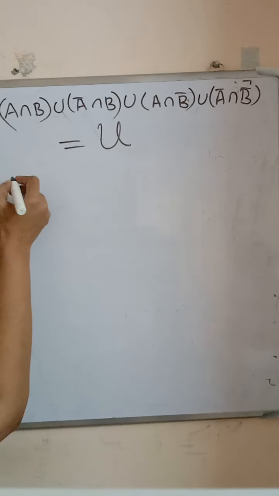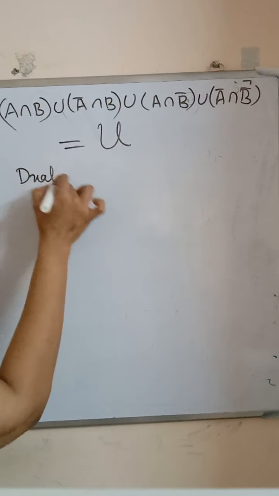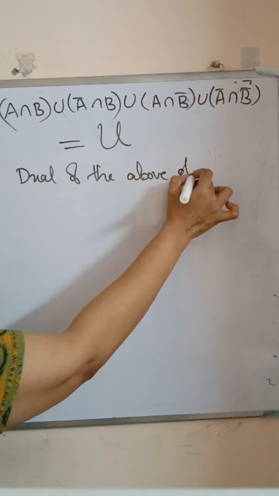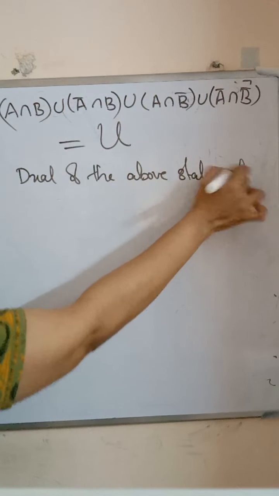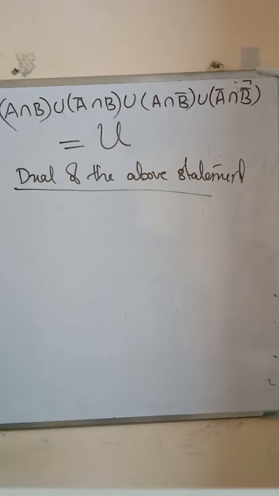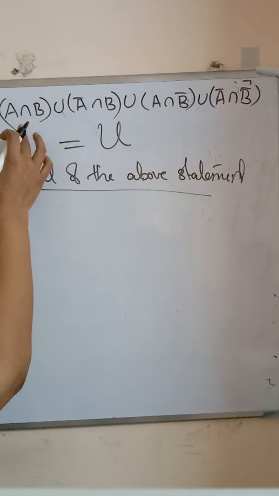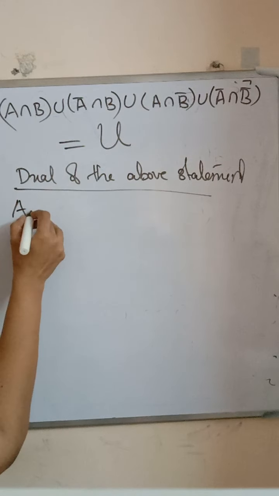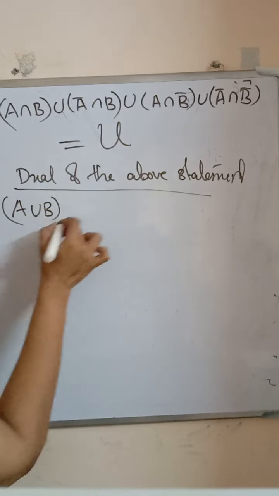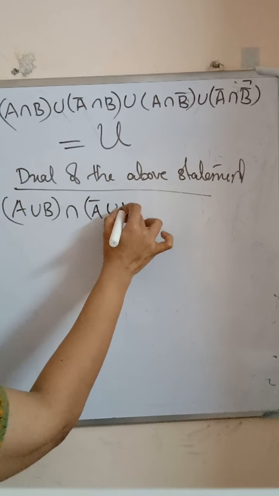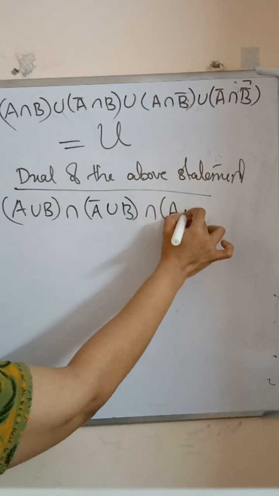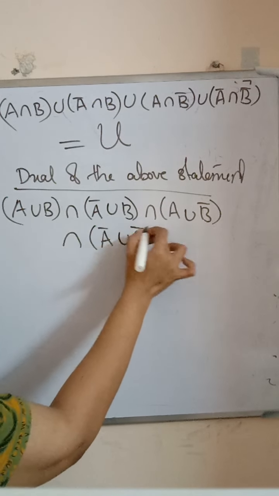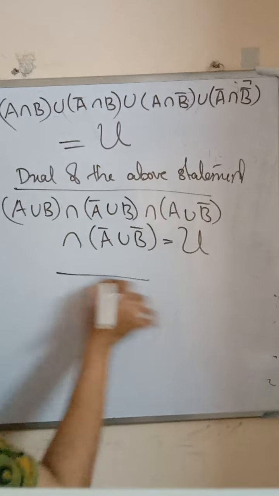So write the dual of the above statement. We get it by replacing intersection by union and union by intersection. So it is A union B intersection A complement union B intersection A union B complement intersection A complement union B complement equal to the universal set.